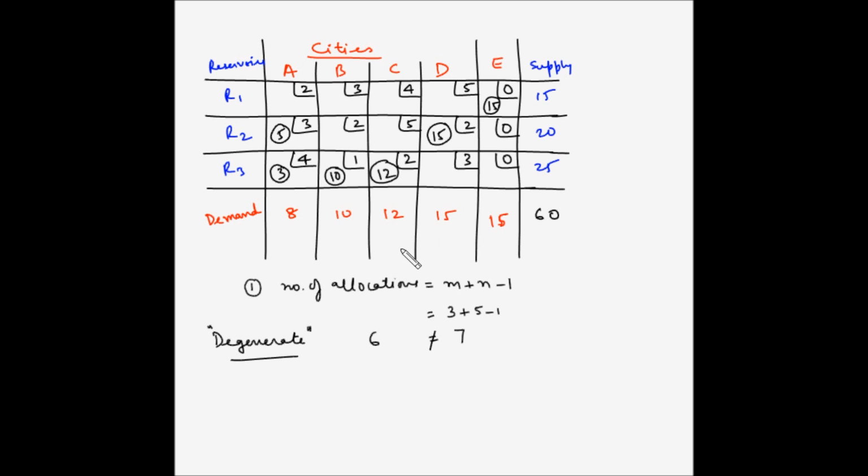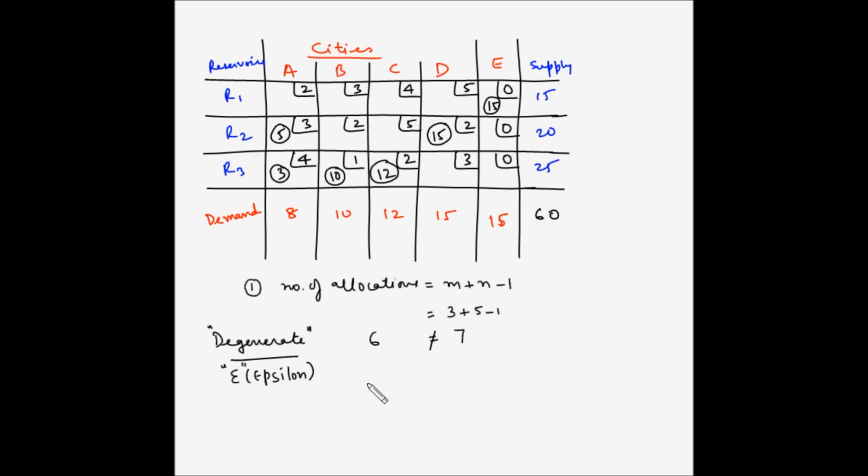So these type of degenerate solutions can be resolved by making use of an infinitely small quantity, which is almost close to a zero, denoted by the Greek letter epsilon, to one or more water square, and treating that water square as a stone square.